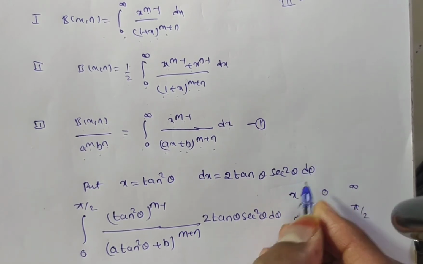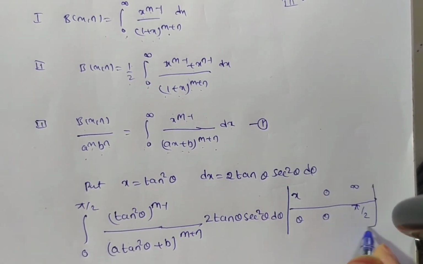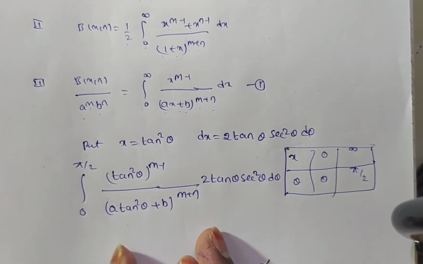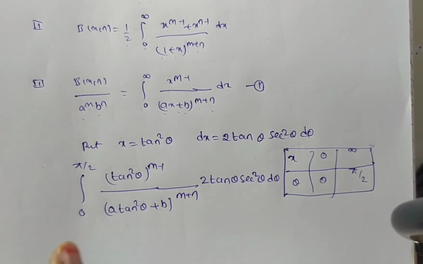Here also I forgot, okay, I am giving a box for the limits. Now you have to simplify this. 2 is a constant, so write the constant outside.